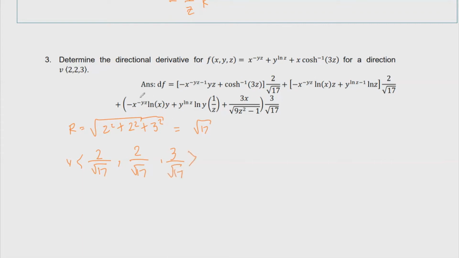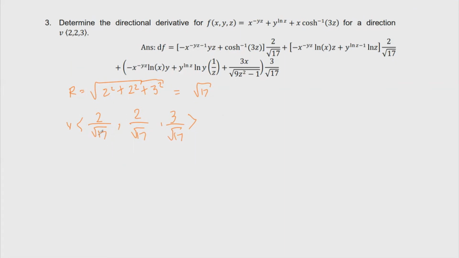With this, we know very well that if we take the resultant of this vector, it becomes already a unit vector, so r would be equal to 1. That's actually our main goal in this case. So that's the first thing we have to do: translate this direction into a unit vector. And then finally, we need to take the directional derivative.